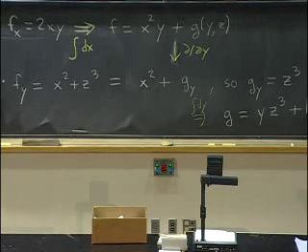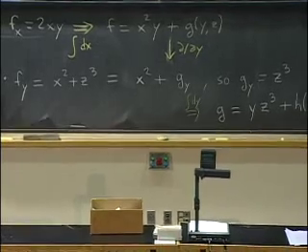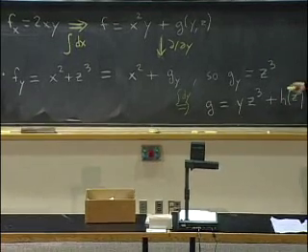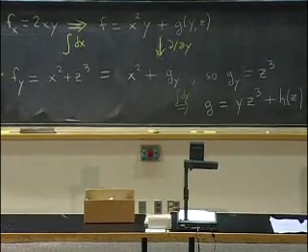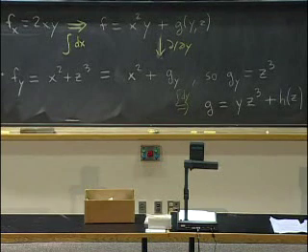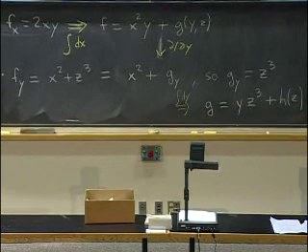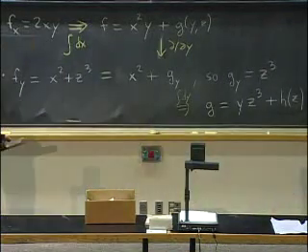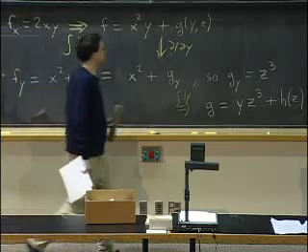So in fact, that constant I will write as a function h of z. If I have this function of z and take its partial with respect to y, I will still get z cubed, no matter what h was. Now, how do I find h? Well, obviously, I have to look at f sub z.